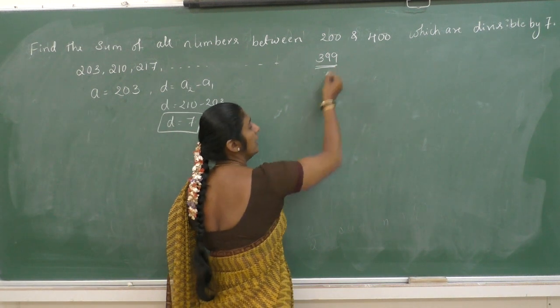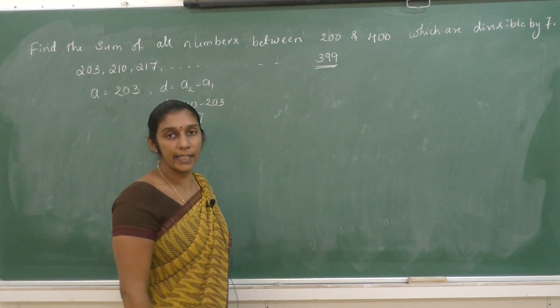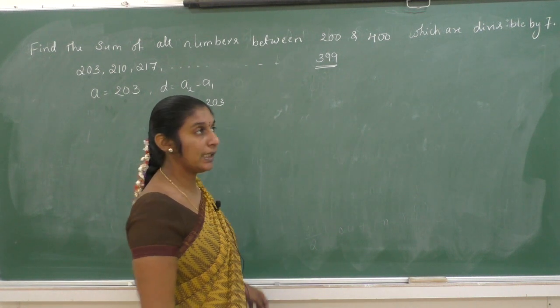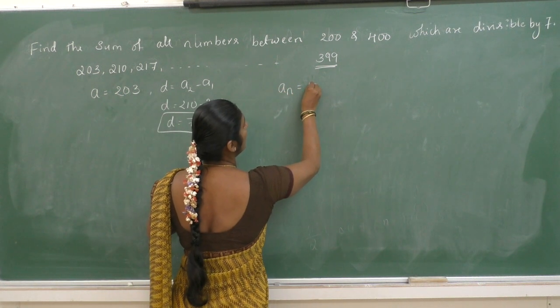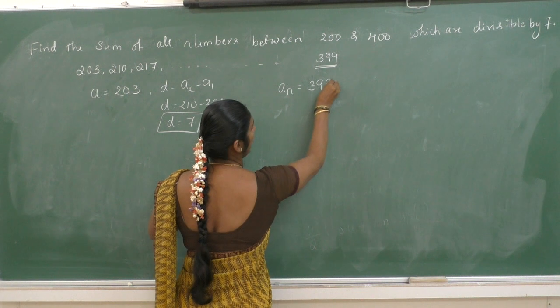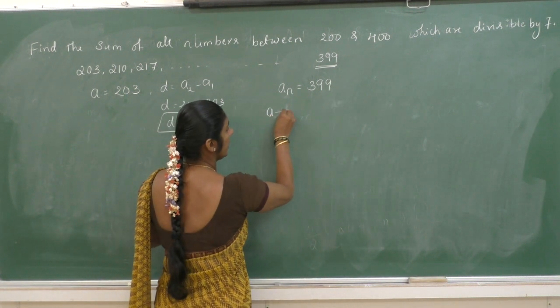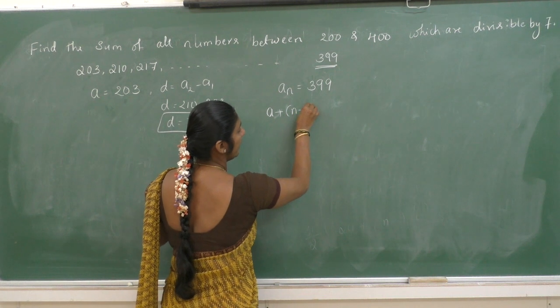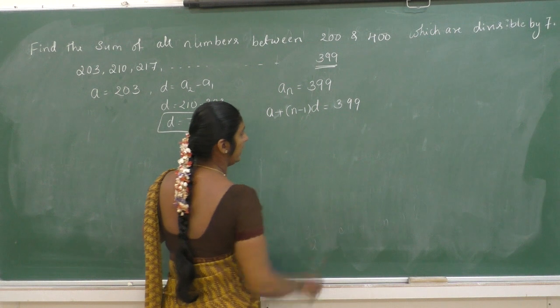399 is the last term of the sequence. Since it is the last term of the sequence, it is AN. AN is equal to 399. What is the nth term formula? In arithmetic progression, A plus n minus 1 into D is equal to 399.